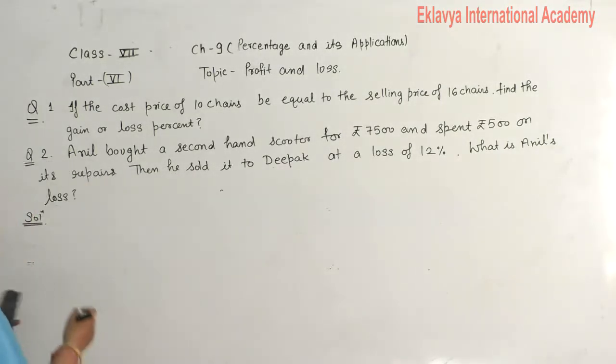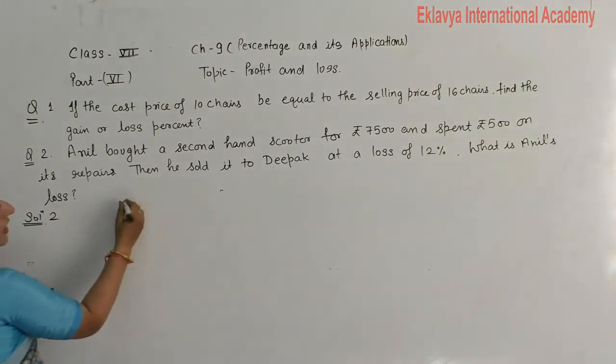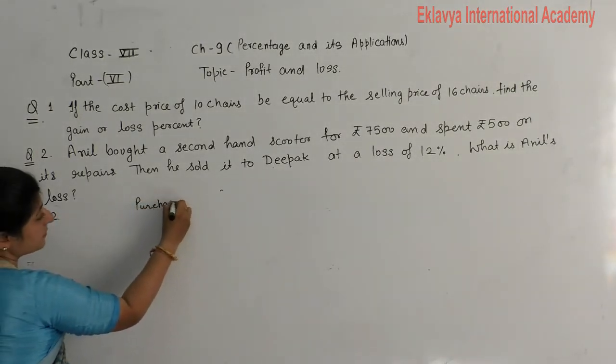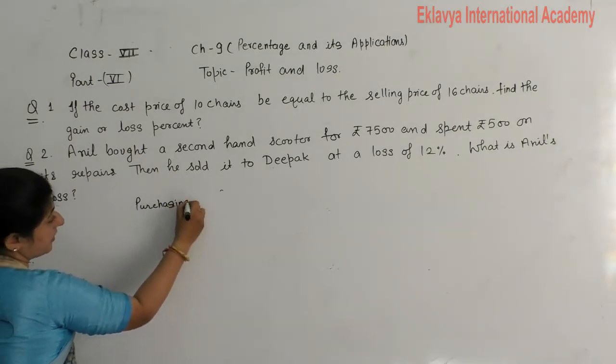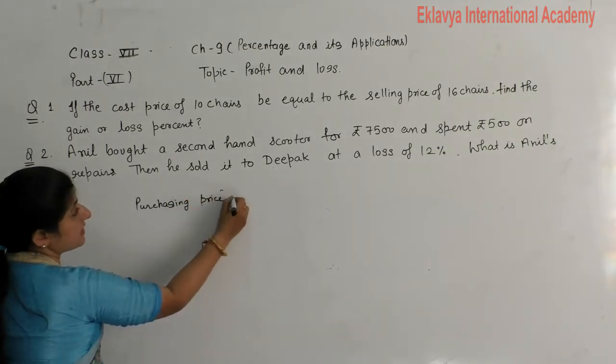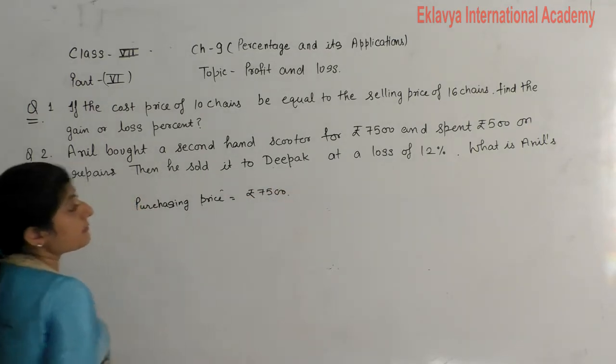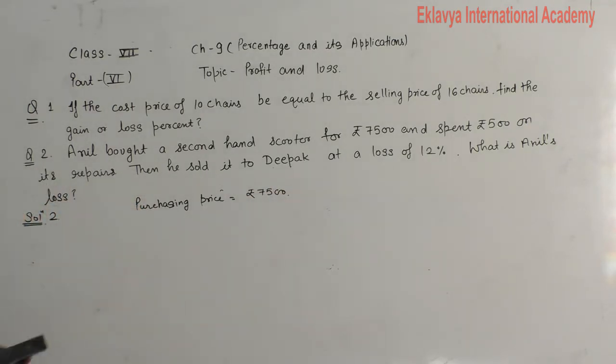So we can say Anil bought a second hand scooter. It means purchasing price is equal to rupees 7,500, and he spent rupees 500 on its repair.